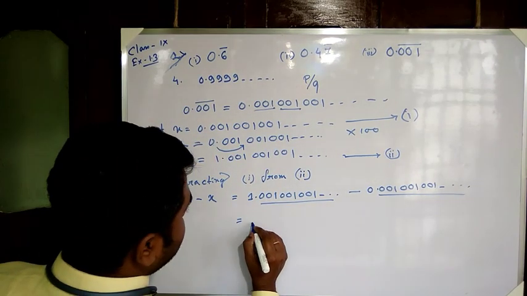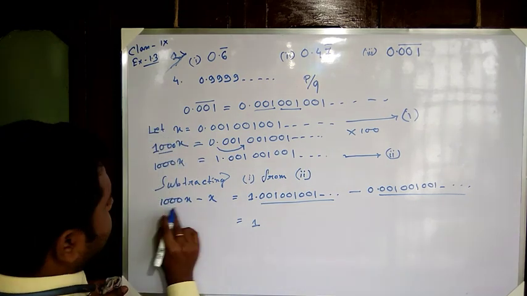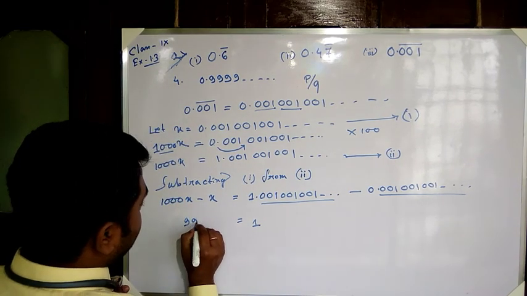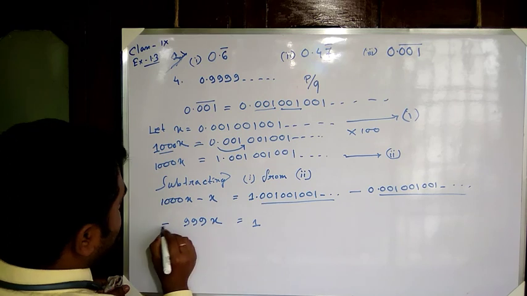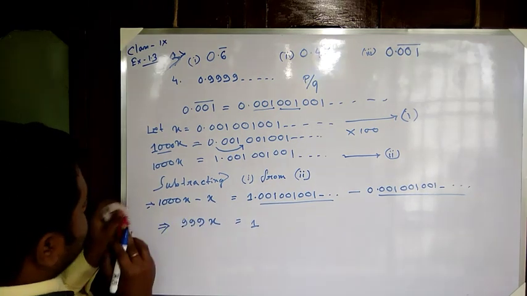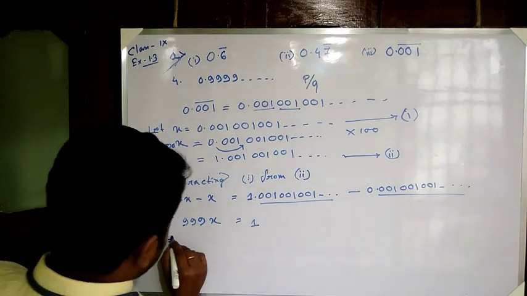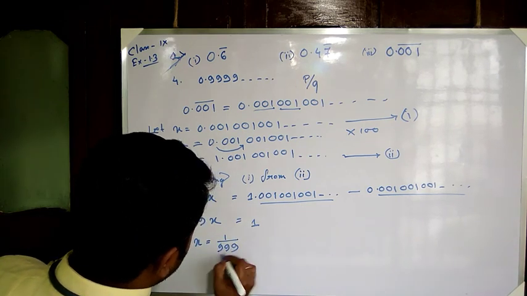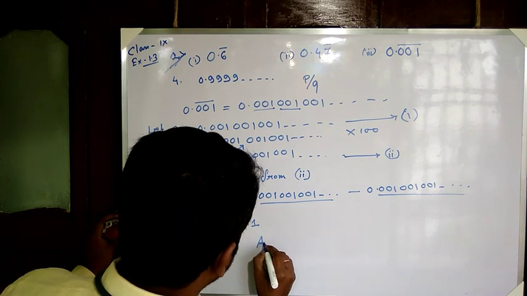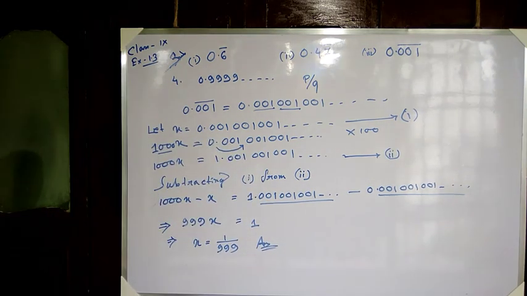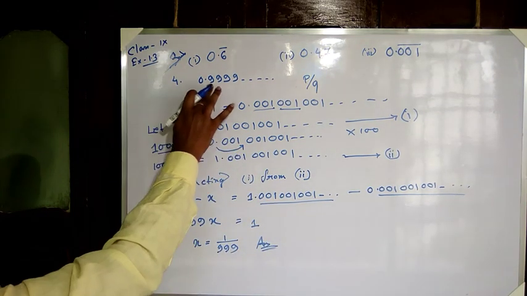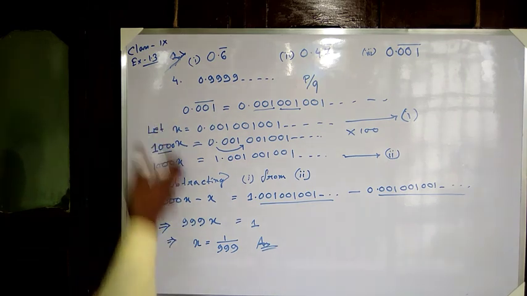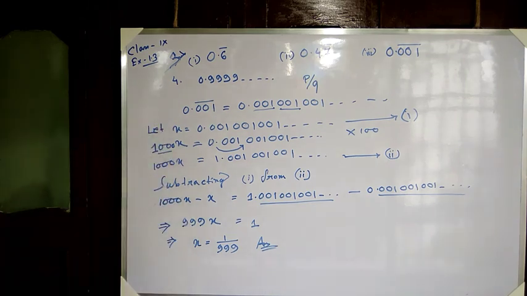So only 1, and 999x implies that x equals 1 by 999. Complete. I hope you can do the other sums with the same method. No need to show question number 4; you can do the maths by yourself.